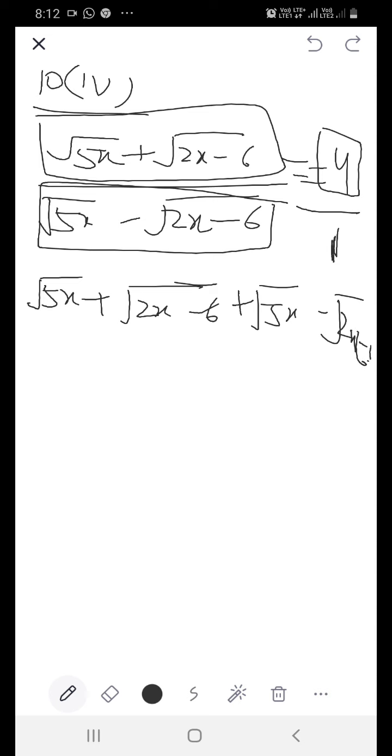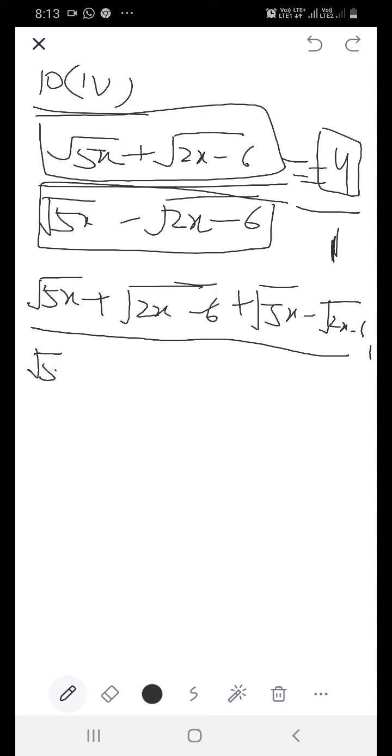As the space is less, you should understand what I am doing. I am writing minus under root 2x minus 6. This becomes a plus b, and in the denominator you are going to write a minus b.